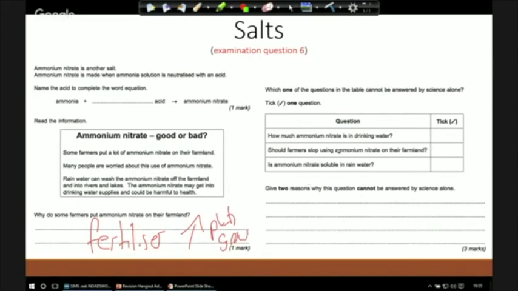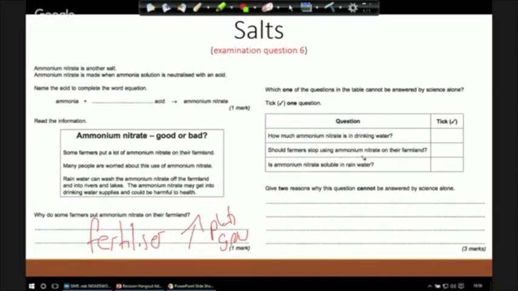And this final point here, these are questions that often come up. Which one of the questions in the table cannot be answered by science alone? How much ammonium nitrate is in drinking water? Well, we could get a number, so we could find that out. Is ammonium nitrate soluble in rainwater? Well, we can find that out. Yes.